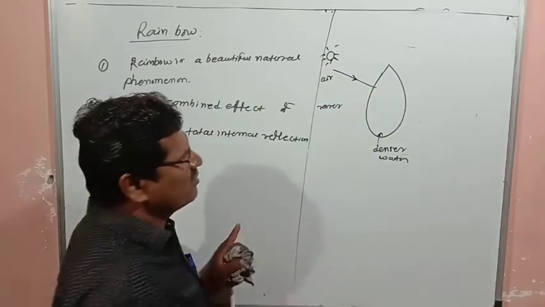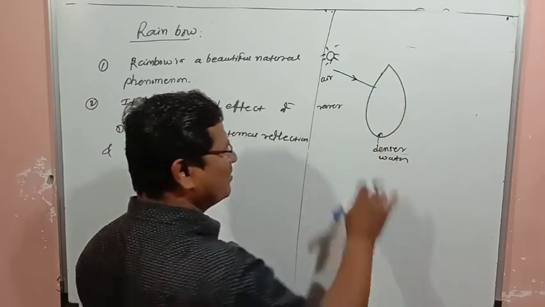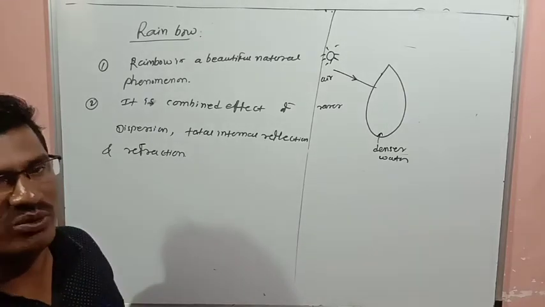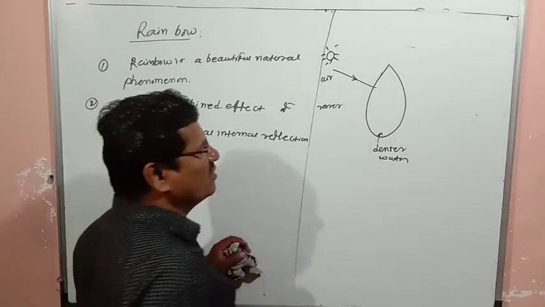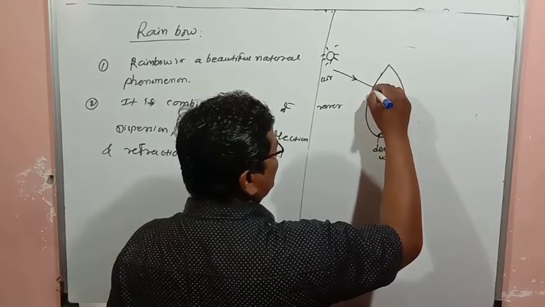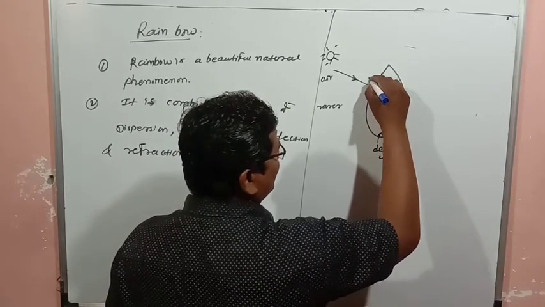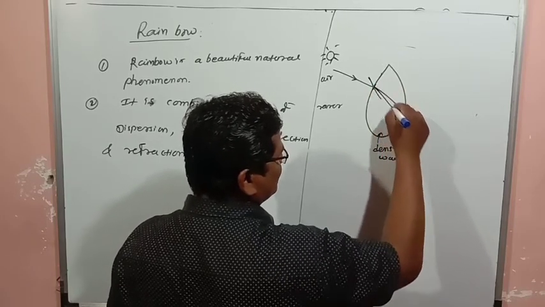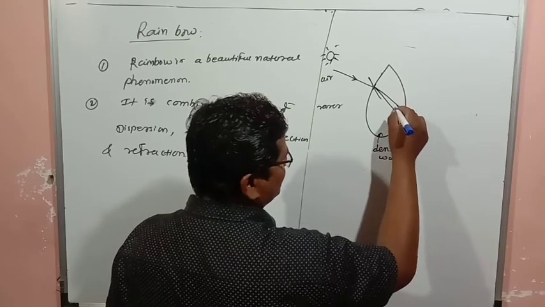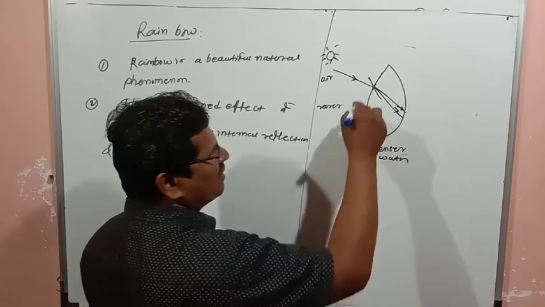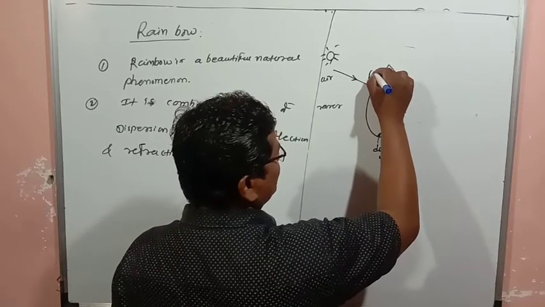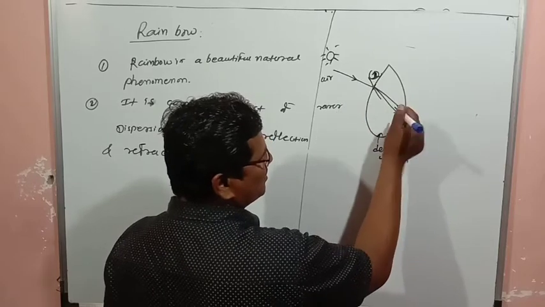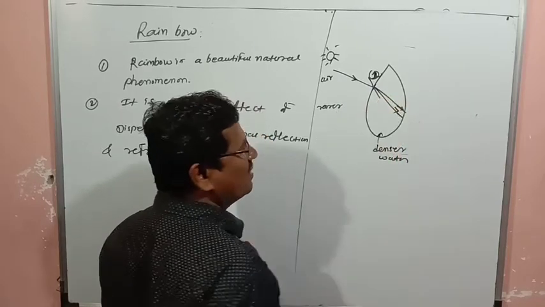When a light ray travels from a rarer medium to a denser medium, it bends towards the normal. If you draw a normal here, the light ray will bend towards the normal like this. Here, at point 1, refraction and dispersion take place.